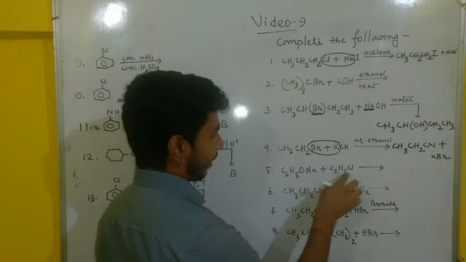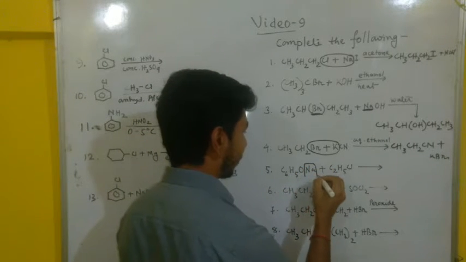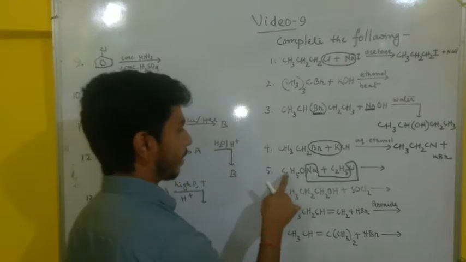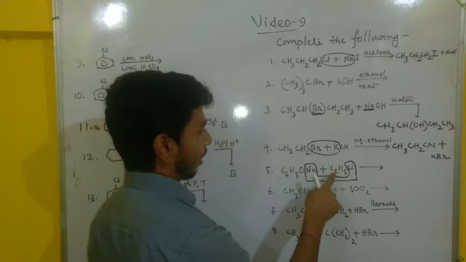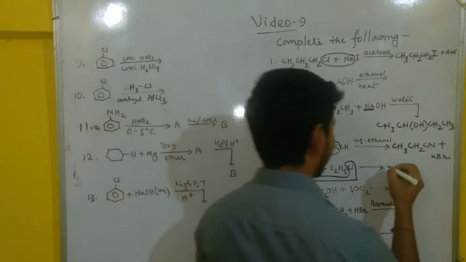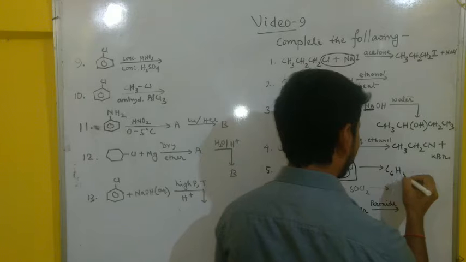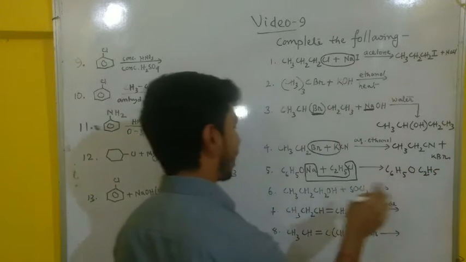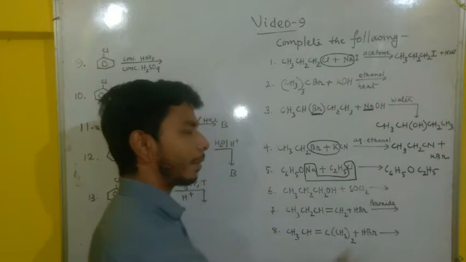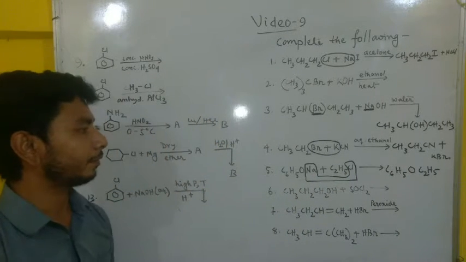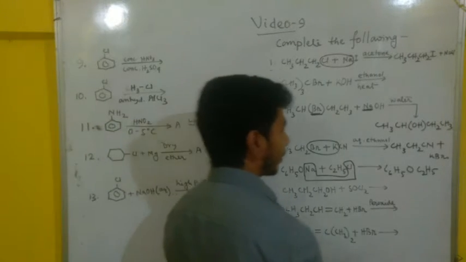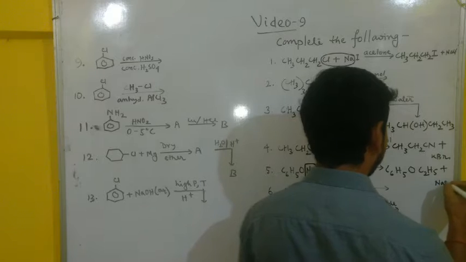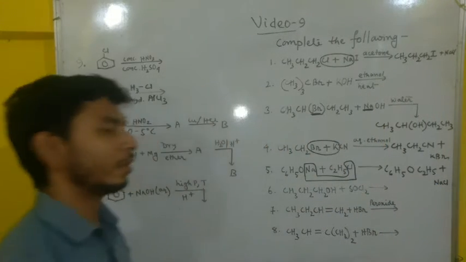Here Na and Cl, NaCl is removed. Now it is C6H5O, after that C2H5. So C6H5OC2H5 plus NaCl. Side product is not necessary.